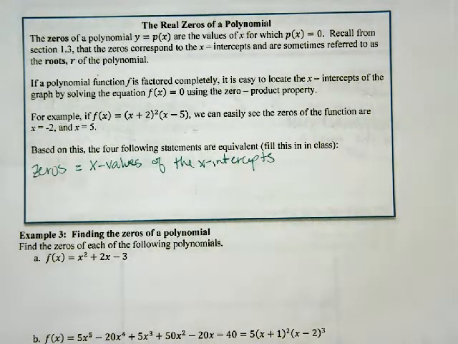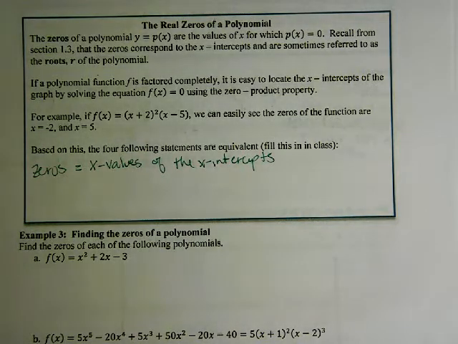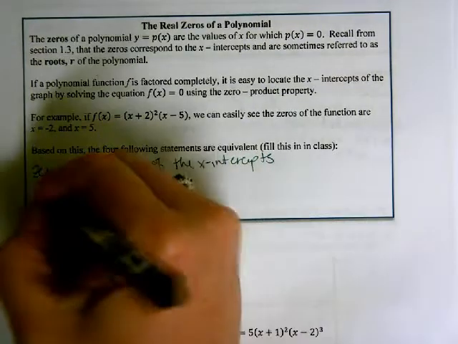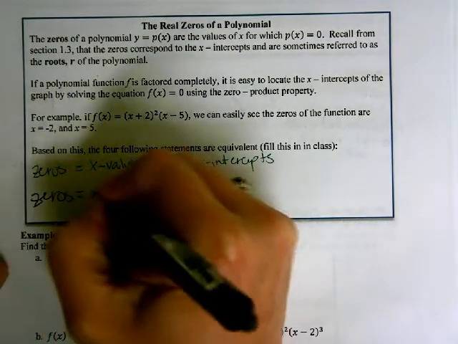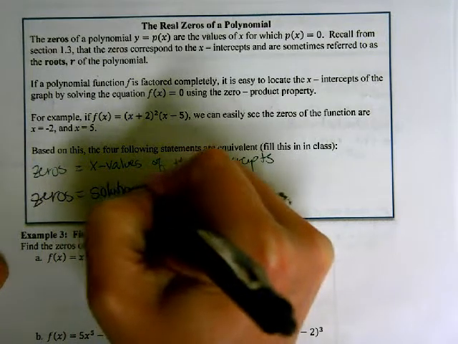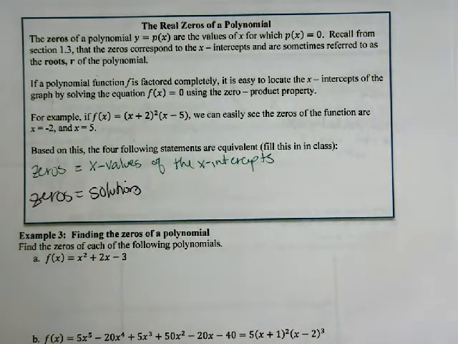So if we're looking at the x values of the x-intercepts, another way that we can say that is that zeros are solutions to an equation.